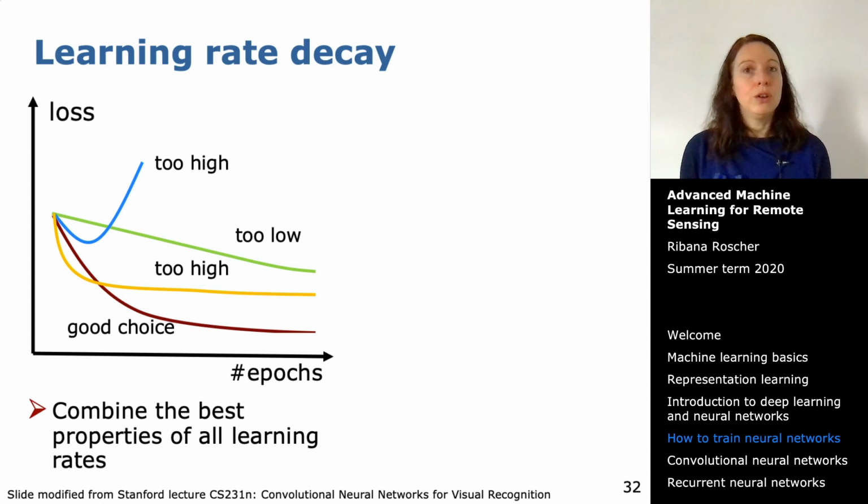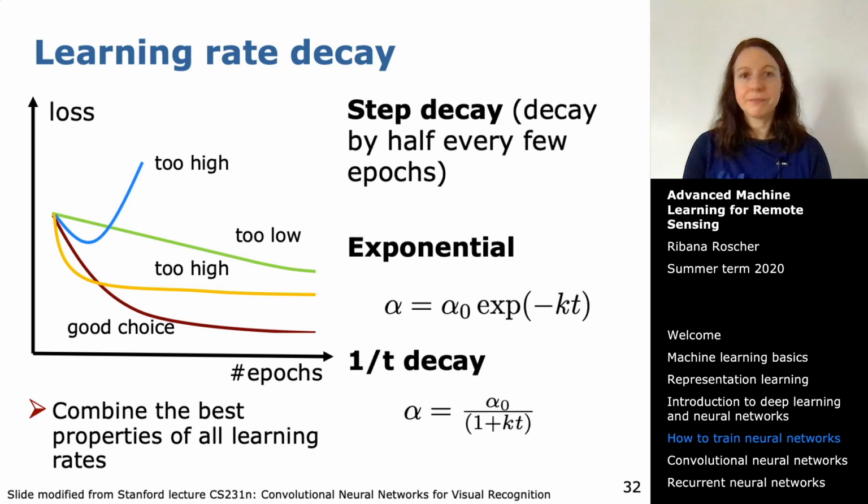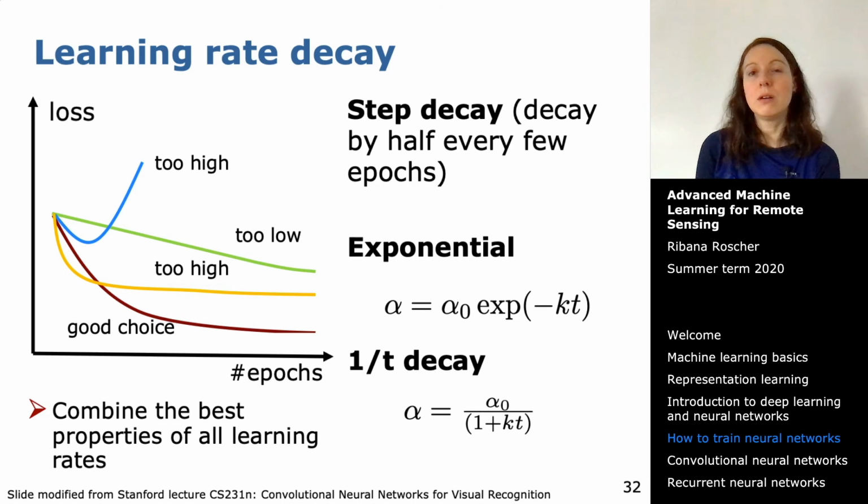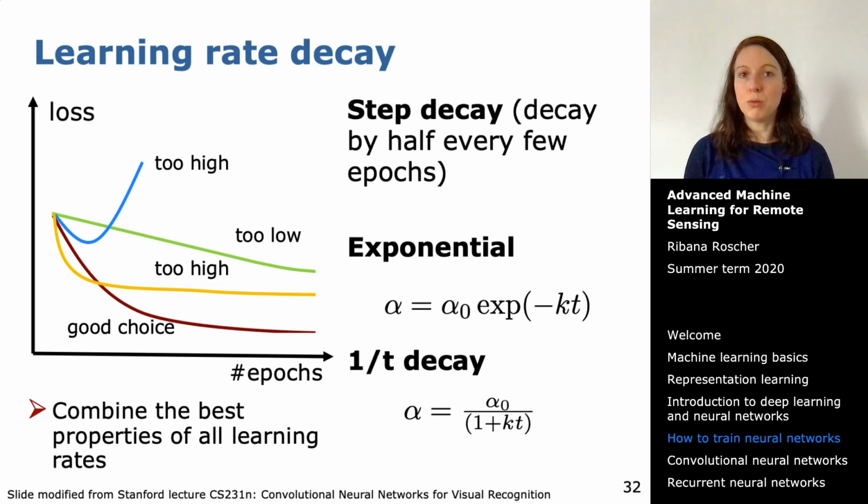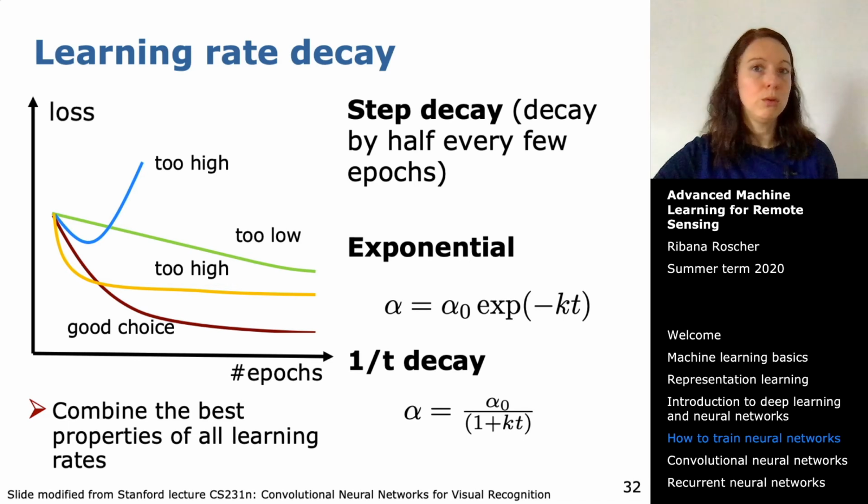You can also use a decay there, because during the optimization procedure, the loss landscape changes, and also how close you already are to your optimum, and you do not want to miss it.